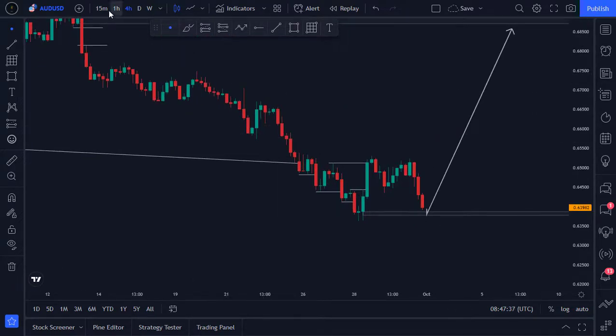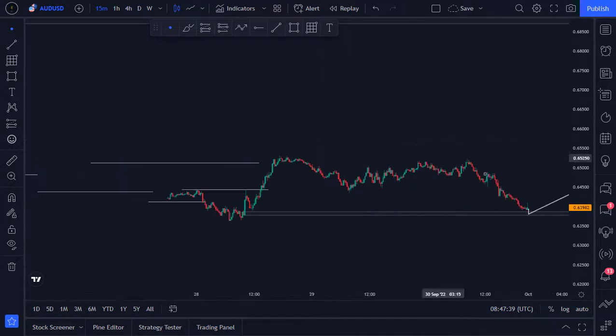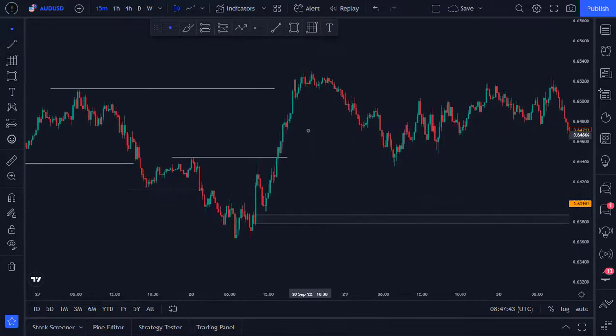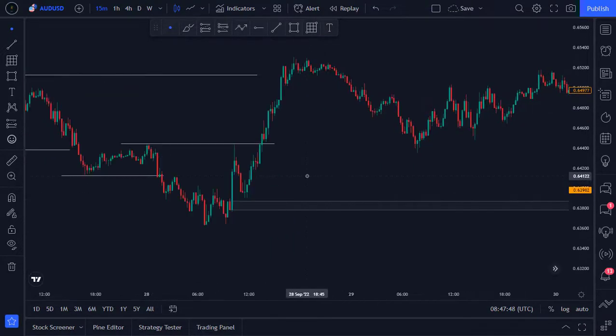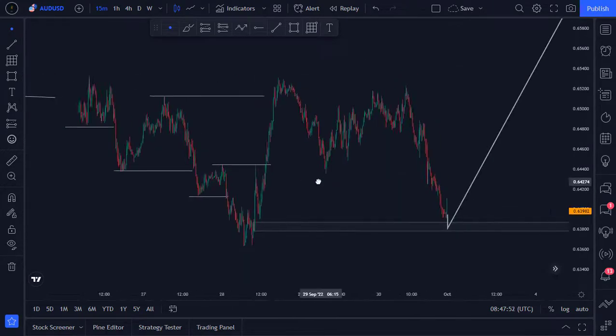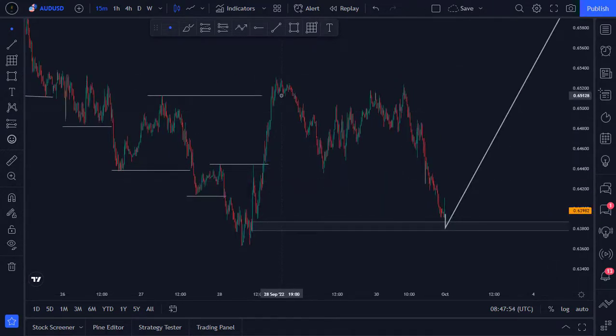You could have capitalized on this first push to the upside, but it's only that I was focused with indices this week. We could have taken these buys with this pullback over here. There is a way of entering this first pullback. I know some people know that already. So you could have taken this one. You can see the price broke again to the downside, corrected to the upside, meaning the price was again going to go down.